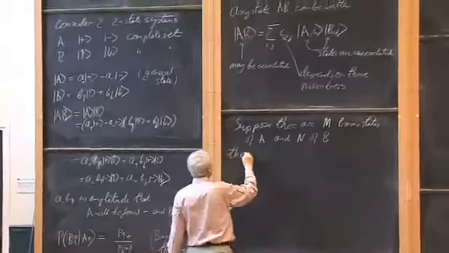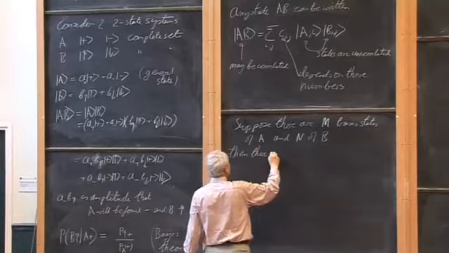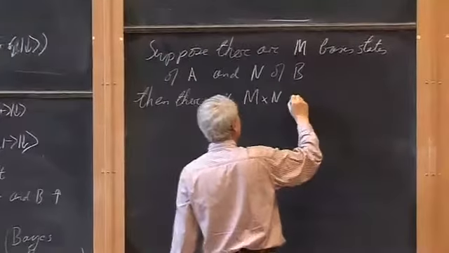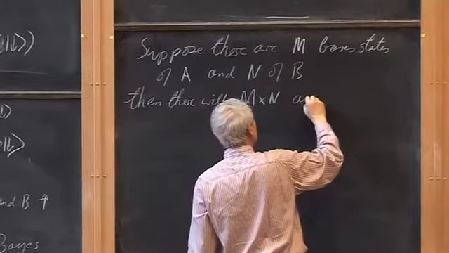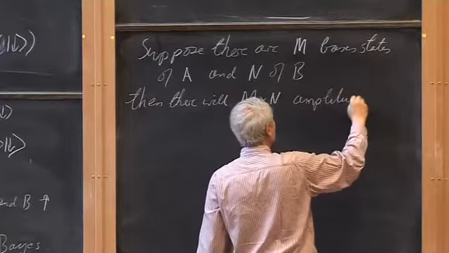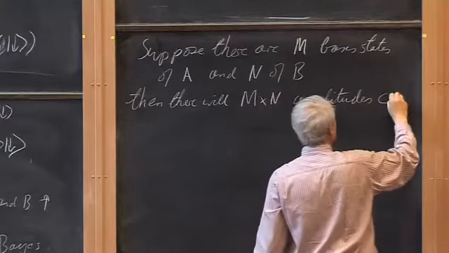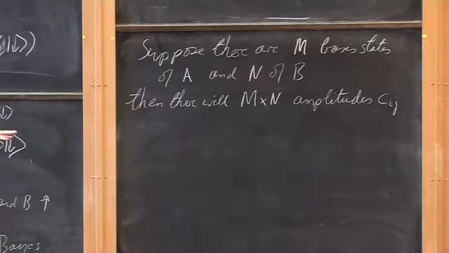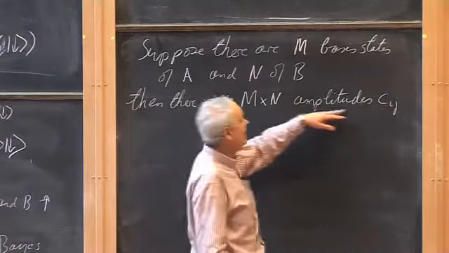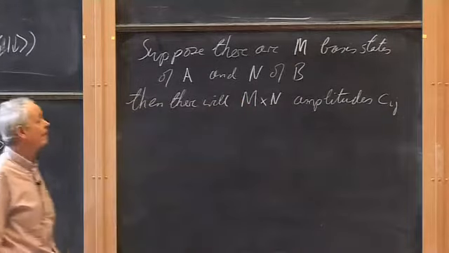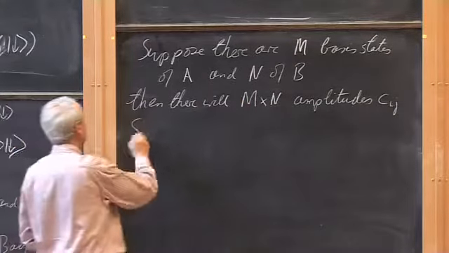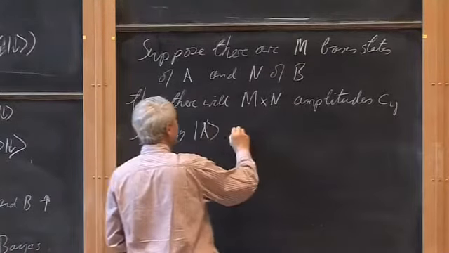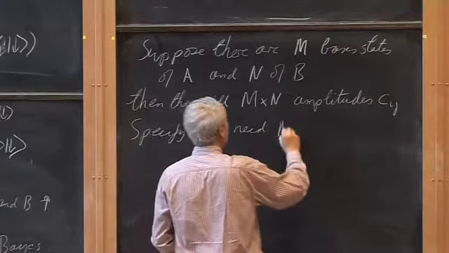So then there'll be m times n amplitudes C_ij. So to specify a general state of the system, you need to specify mn numbers, C_ij. But to specify A, you need just m numbers.